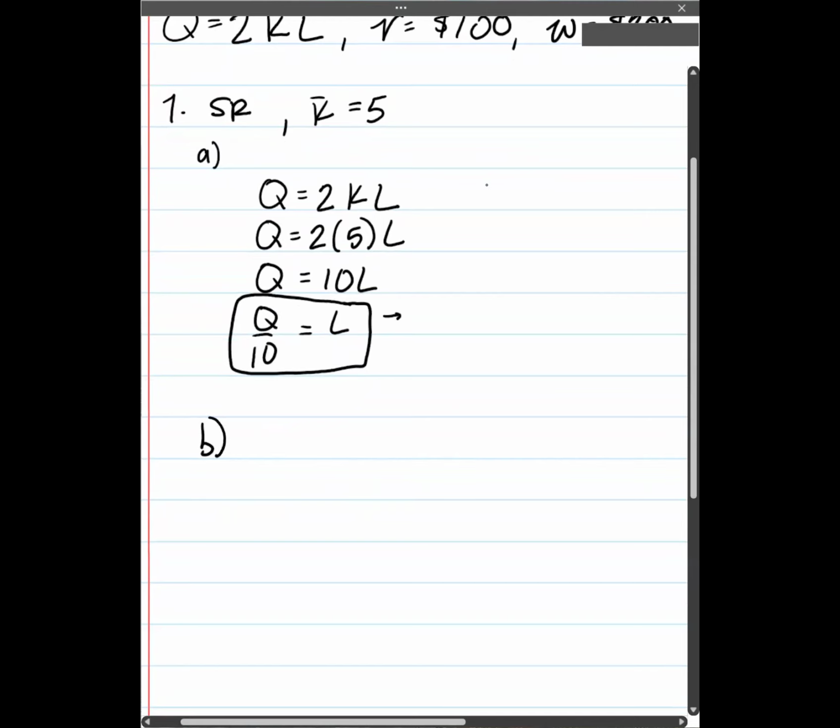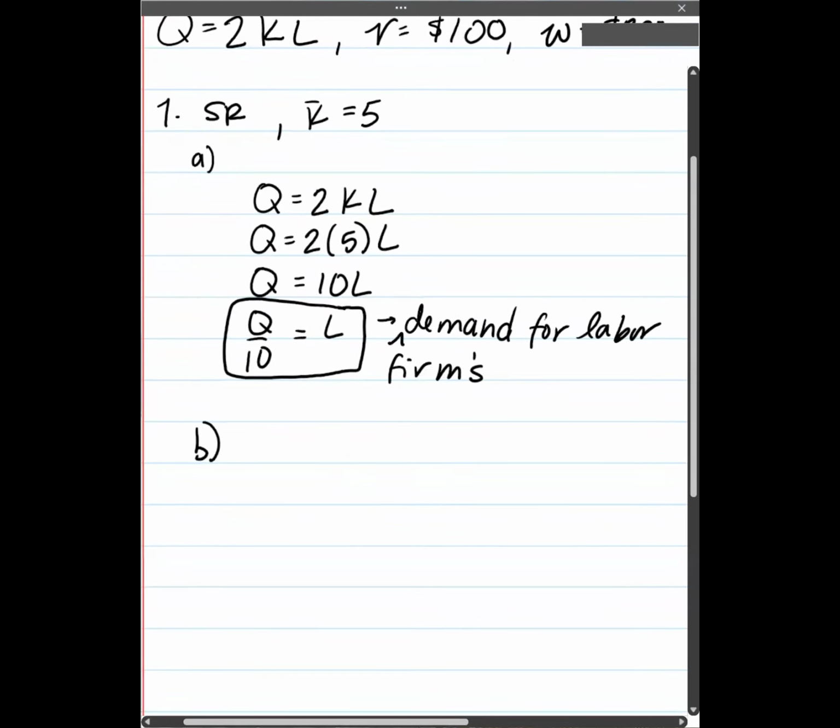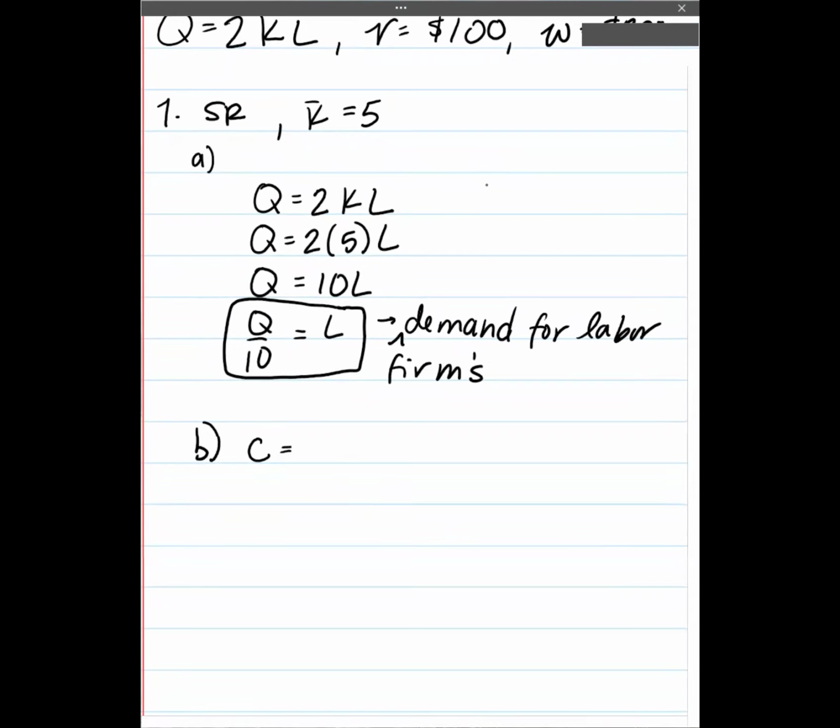B asks us to use the firm's demand for labor that we found in part A to derive the firm's short run total cost equation in terms of output. Keep in mind, whenever we're talking about total cost, we're starting with the isocost equation for the firm.